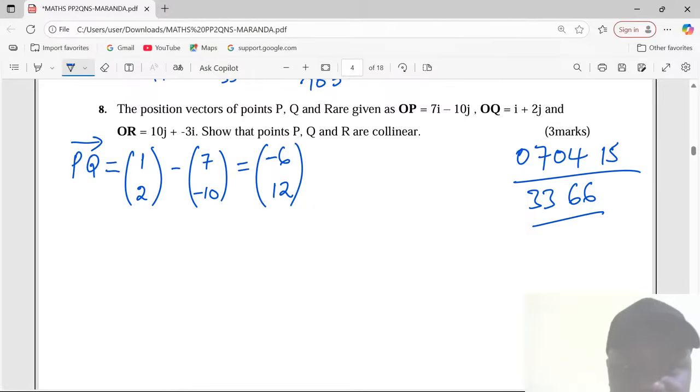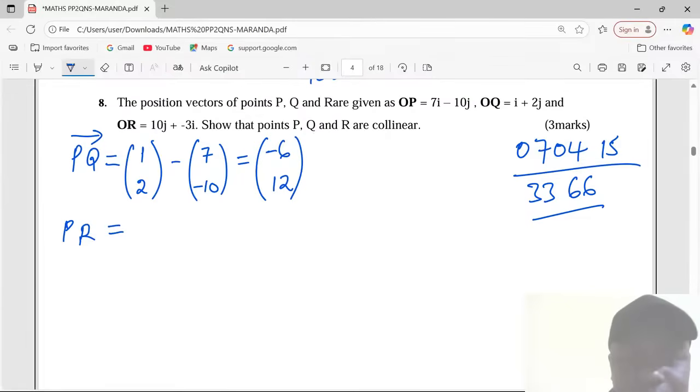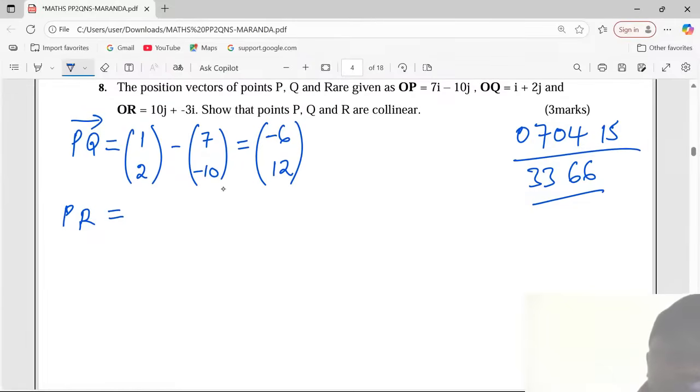Any two vectors. So what are we talking about here when we say any two vectors? We can even express PR or even QR, any two, as long as the examiner has not specified. You choose any two yourself. Therefore, I'll be having R, which is (10, −3), and P, which is (7, −10).